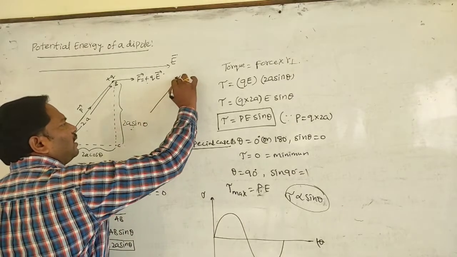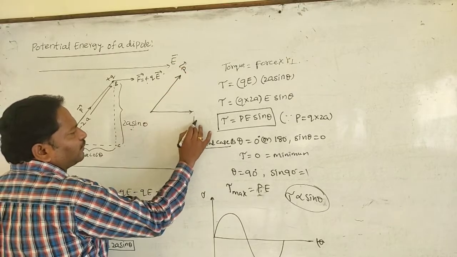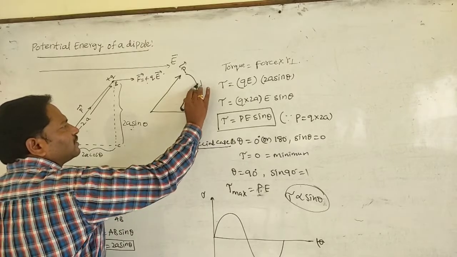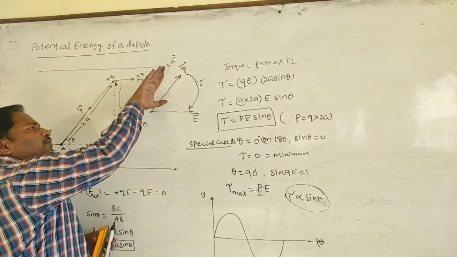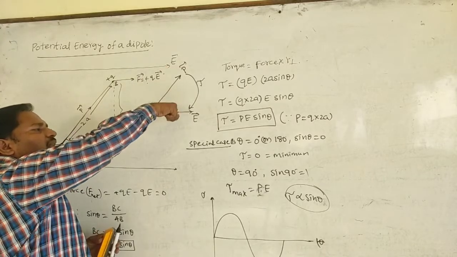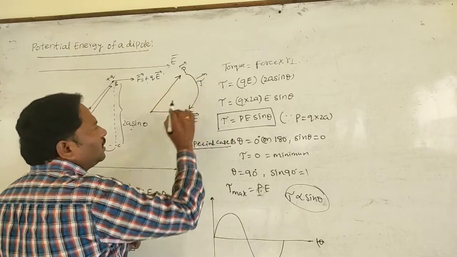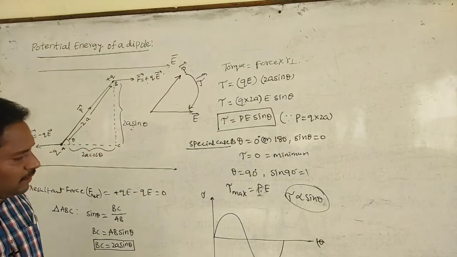This is the dipole moment and this is the electric field. Then P cross E is called the torque. Stretch your right hand in the direction of the dipole moment and curl it in the direction of the electric field. The thumb gives the resultant direction of the torque.